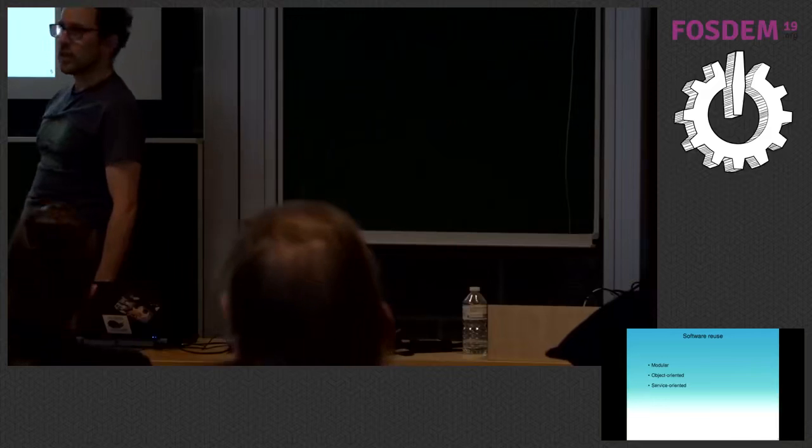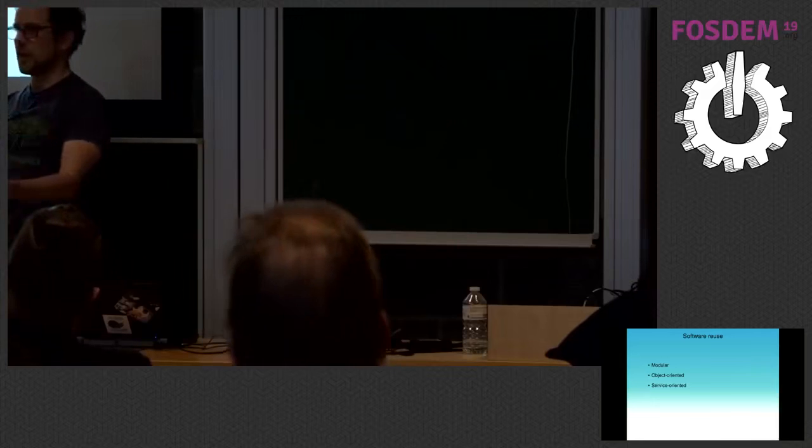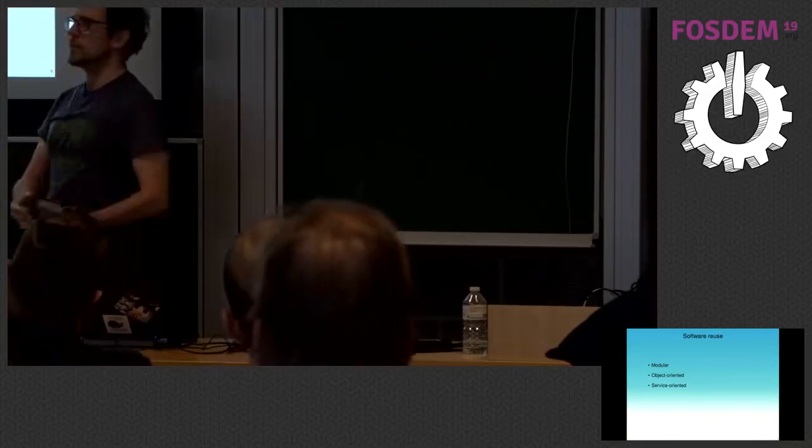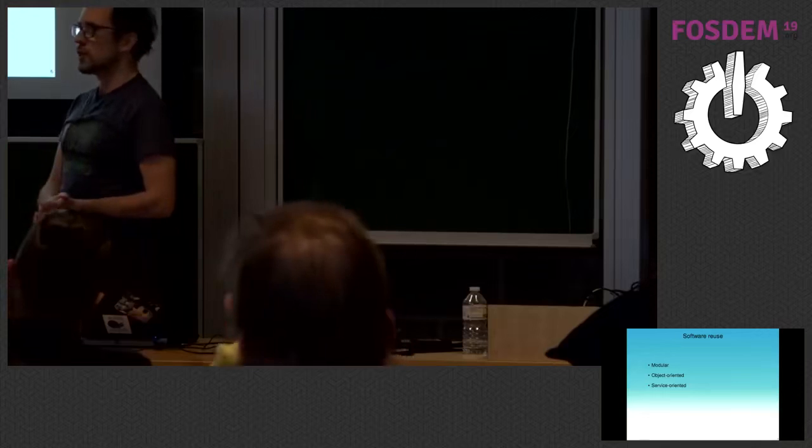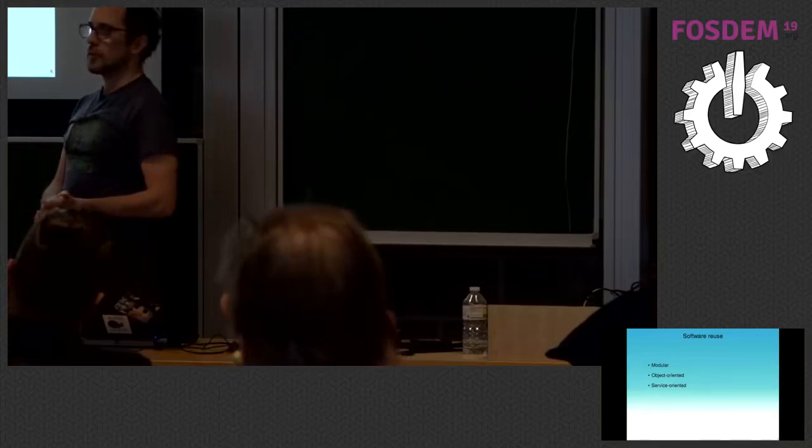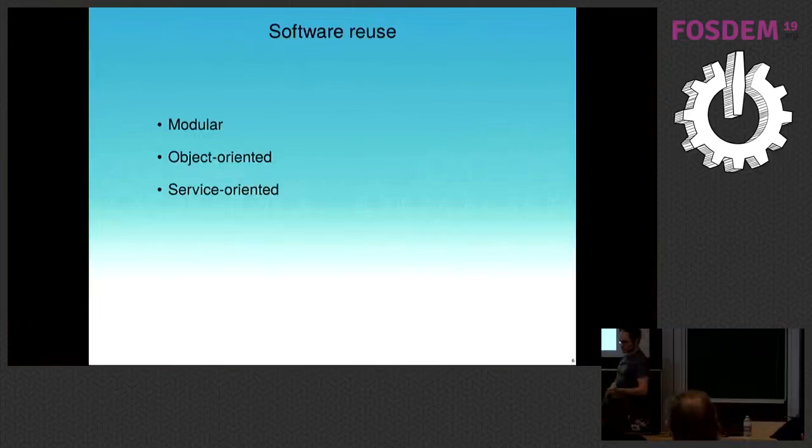And then we started looking in the large. We have this code here, how should that interact with another piece of code? And we started talking about service-oriented programming or architecture. Defining interfaces between things and having them talk to each other. This led to a situation, for historical reasons, that a lot of people didn't like.